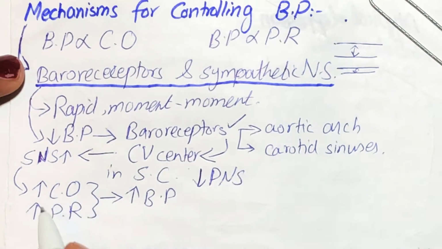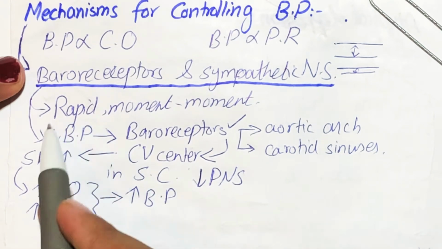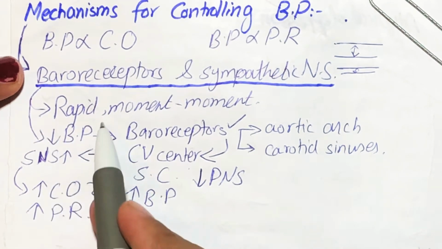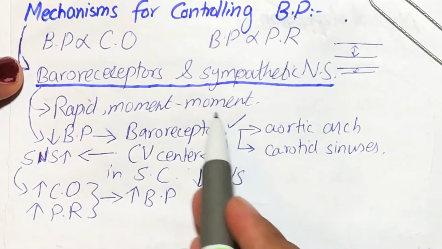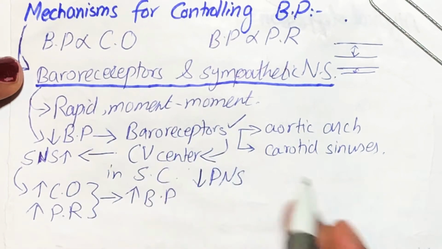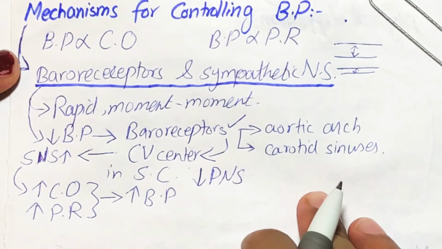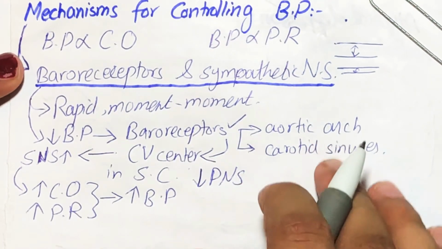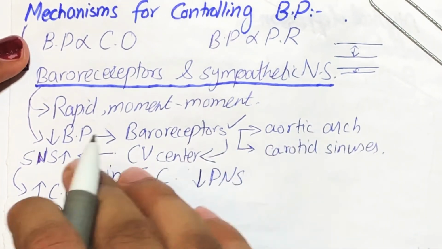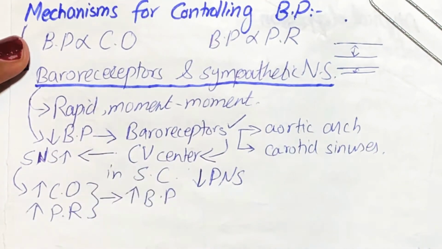An increase in cardiac output means that the heart will pump blood more efficiently, more forcefully and with more frequency, and this will ultimately compensate for the decrease in blood pressure, which was the initial stimulus for the activity of baroreceptors. So this is how baroreceptors and the sympathetic nervous system show their response in decreased blood pressure.